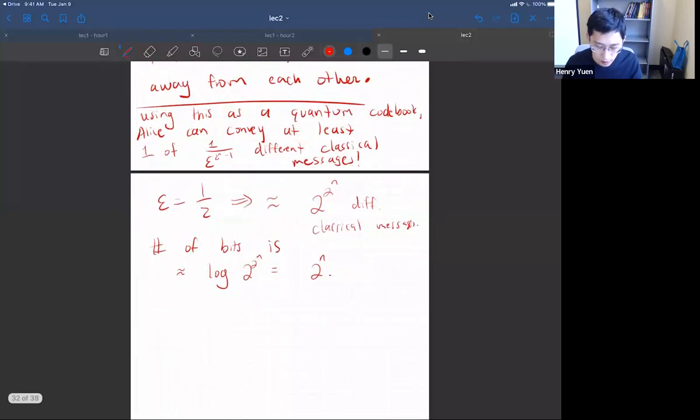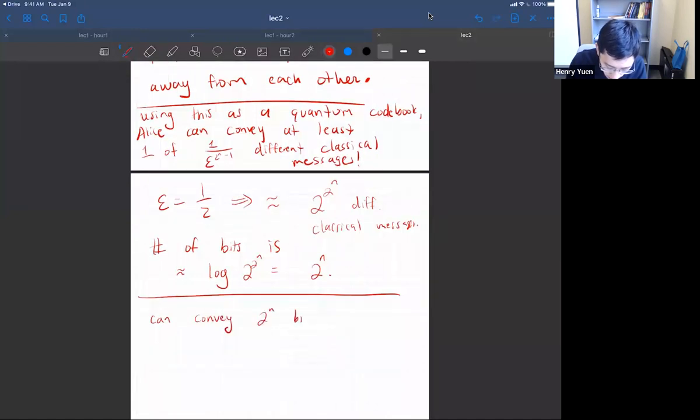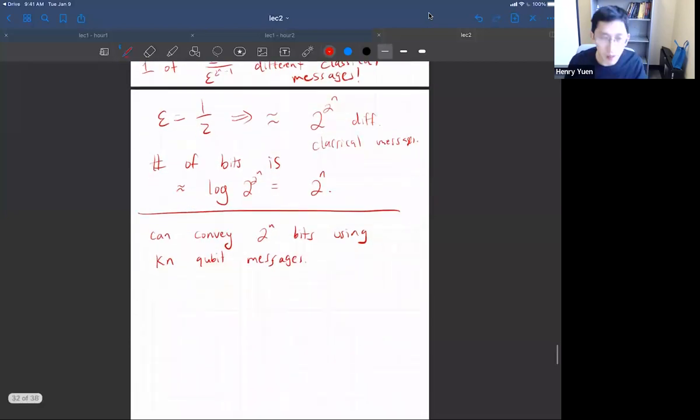So what's the conclusion here? Can convey 2 to the n bits using k times n qubit messages, which sounds pretty amazing. If k is small, if the number of copies of the state you need to send over is small, then you can compress vast amounts of information in these quantum states.